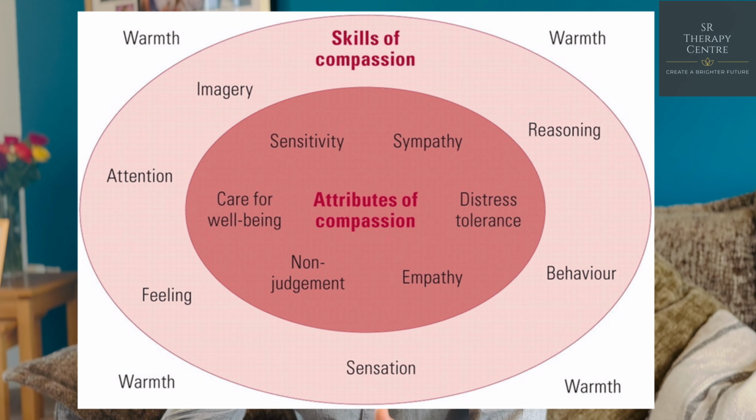If we were to identify our ideal compassionate self, what would they look like? How would they behave? What sort of qualities would they have? So it might be helpful to take a moment to note down some of these qualities that you would like to see in yourself.